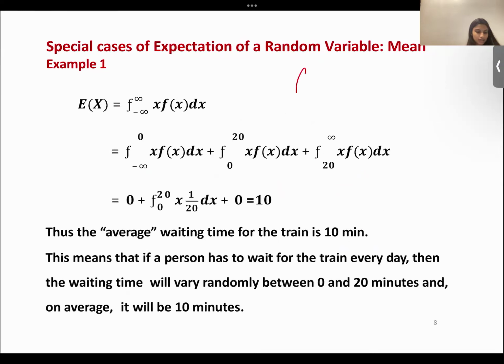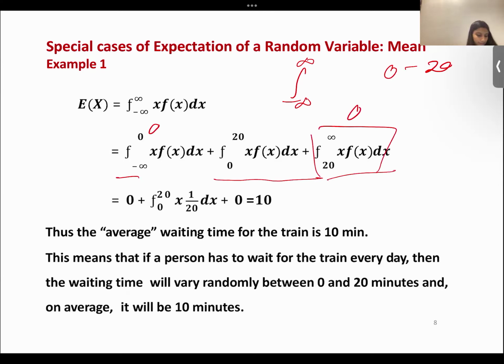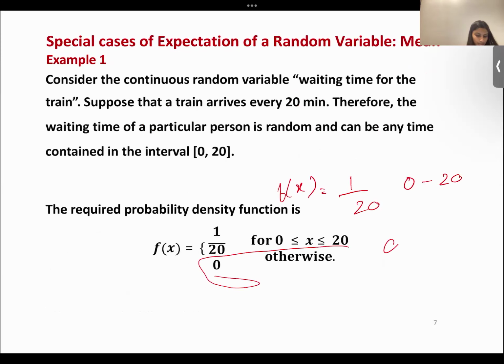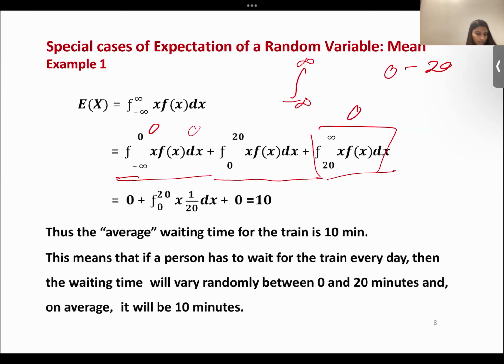Instead of minus infinity to plus infinity, you break down the equation, because the range you're interested in is 0 to 20. You break it down as minus infinity to 0, then 0 to 20 of x f of x dx, and then 20 to infinity of x f of x dx. Based on the function we defined, anything outside this range is 0, so these two terms become 0 here.